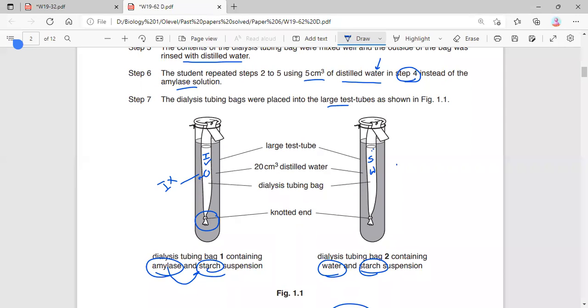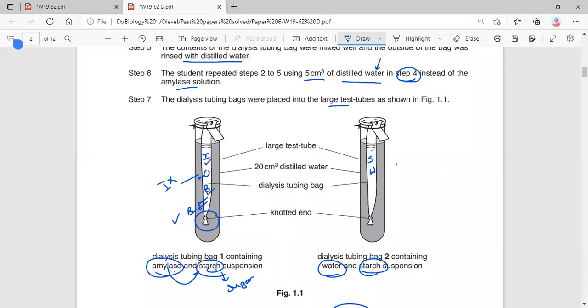What else? I also put amylase. The amylase will break down starch into small sugars. So if you did the Benedict test for the contents inside the dialysis tube, you will find sugar present. Also, sugar can diffuse out of the membrane. So if you did the Benedict test outside, you will also find sugar outside.